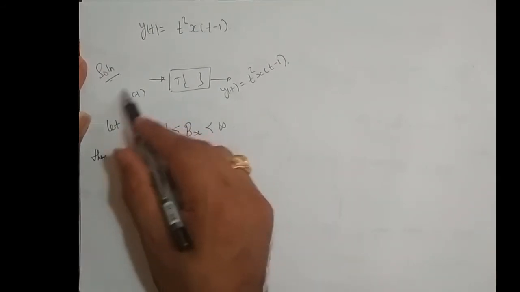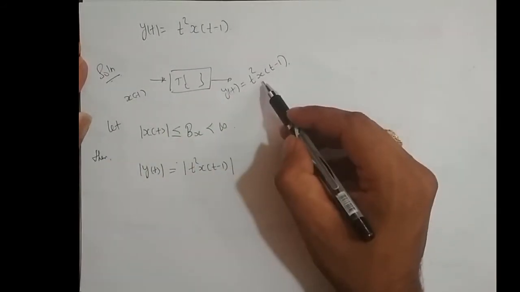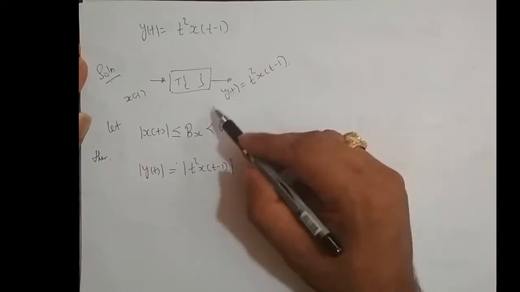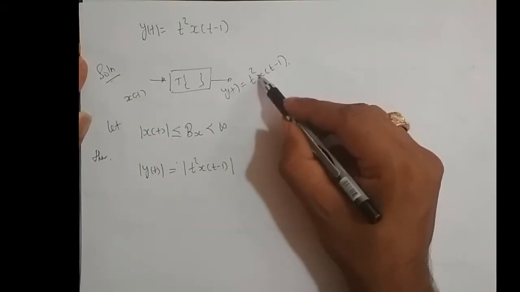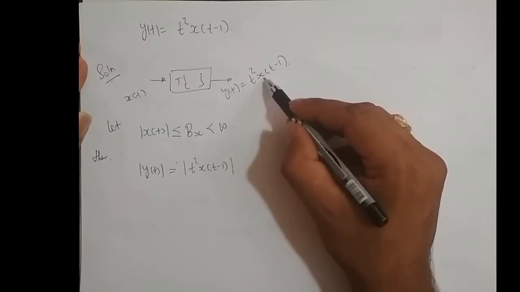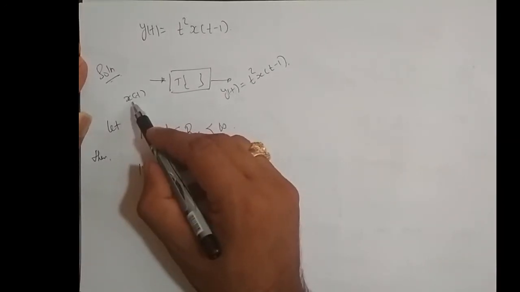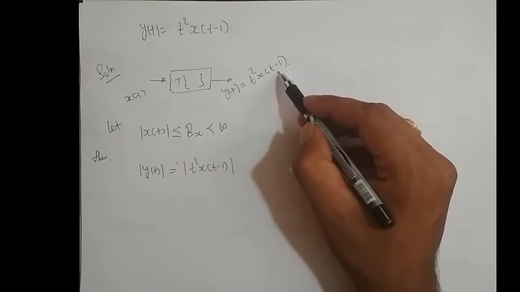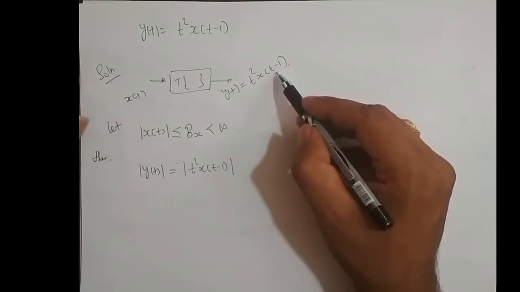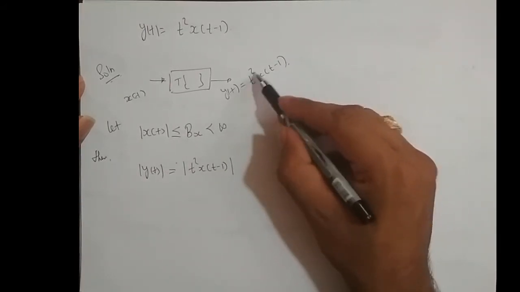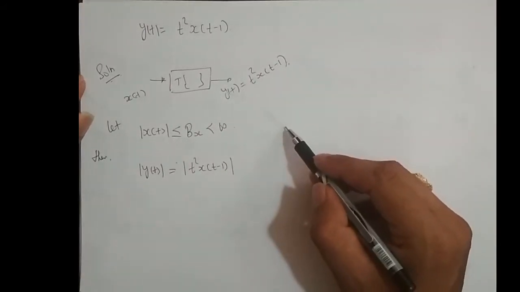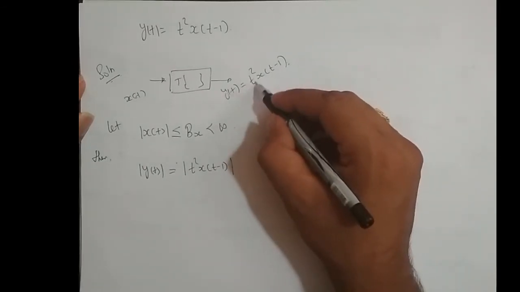So what's happening to the system? If I feed bounded input x of t, what's happening across the output of the system? The input signal x of t is shifted right one time. When I shift the input signal right one time, amplitude does not change. Amplitude remains the same as the input x of t. But for that signal, a coefficient t square is getting multiplied, right?